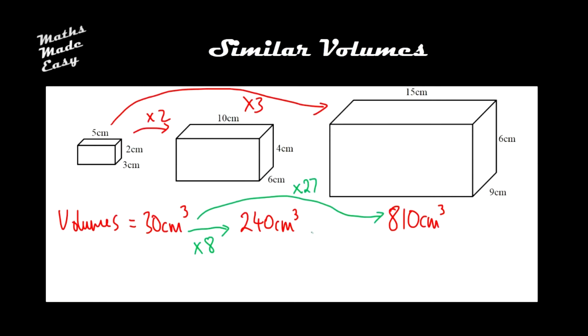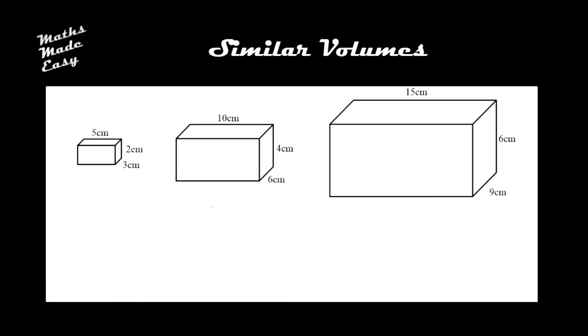So what's going on here? If we double the lengths or triple the lengths, the volumes go up by factor 8 and factor 27. And if we look at that in terms of a table, so we have the length scale factor of 2, the length scale factor of 3. What was the volume scale factor? So when I doubled the lengths, I increased the volume by scale factor 8, and when I tripled the lengths, I increased by 27.